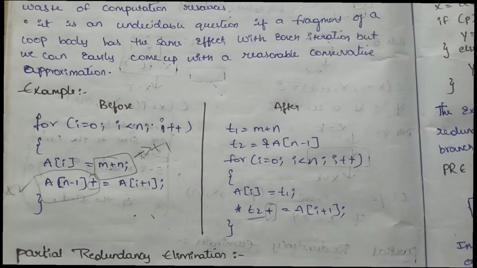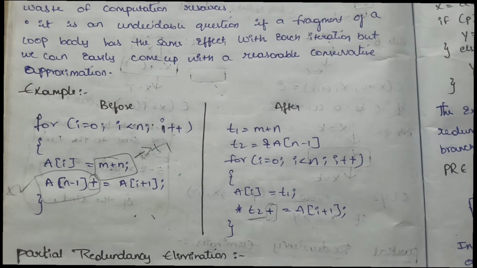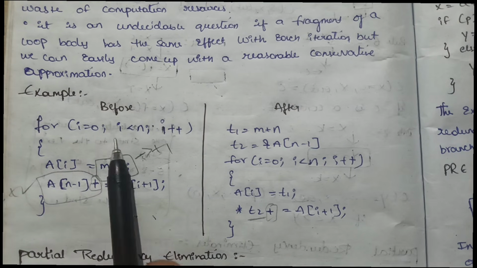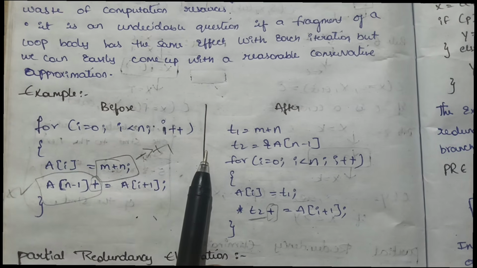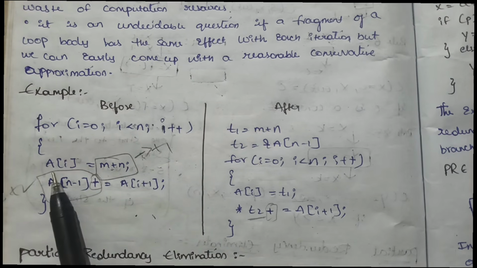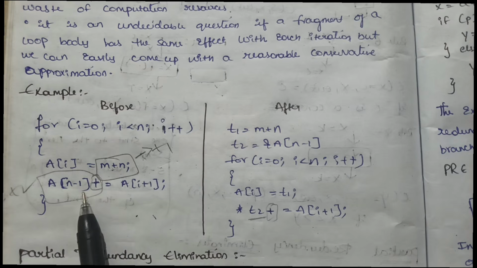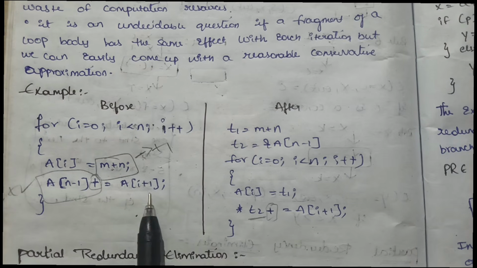So let's move to an example here. We can see that for i equals 0, i less than n, i plus plus, and within the loop I have written a of i equals m plus n, and a of n minus 1 plus equals a of i plus 1.